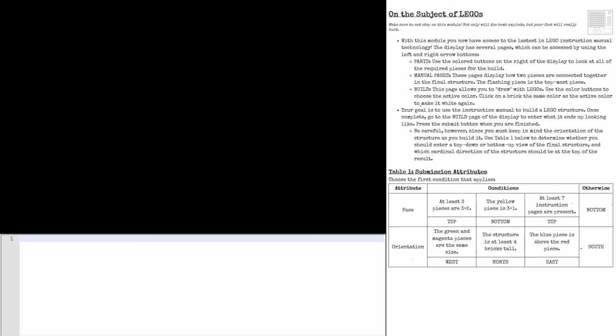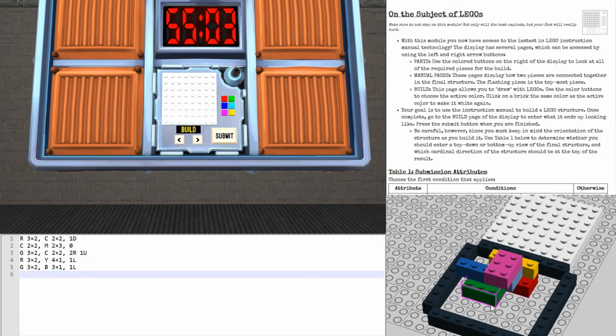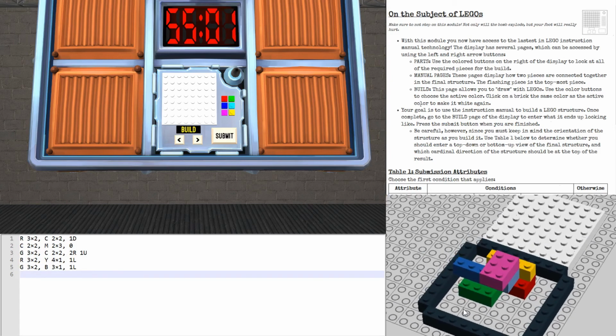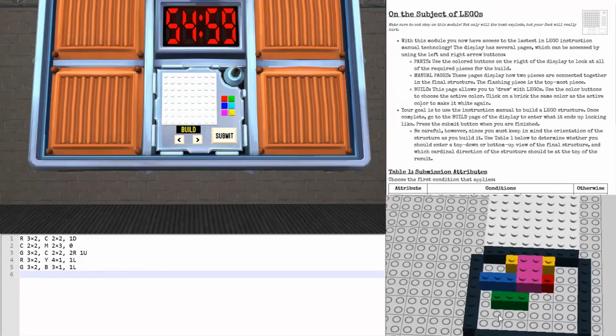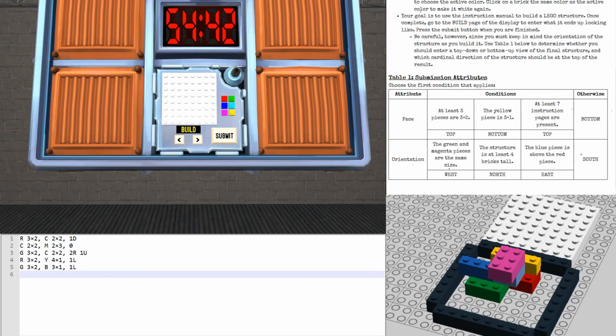Solution in 3, 2, 1. Okay, you see on the left here the information that I gave out. And you see here on the right what your structure should look like. In this case, there are in fact 3 pieces that are 3x2.